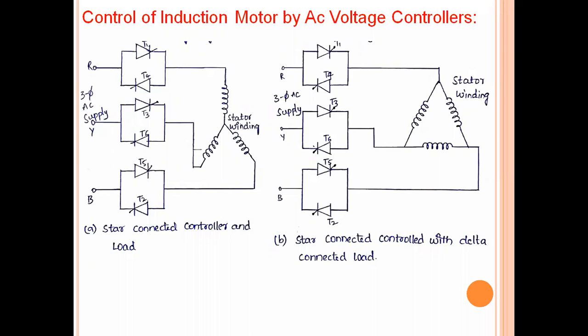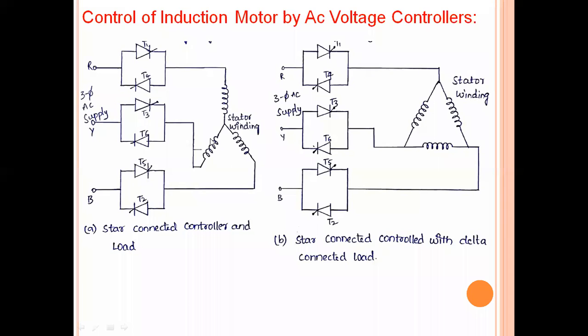Okay. Now you can see here I am going to show a few different circuits of induction motor with three-phase and single-phase circuits, with different possible combinations of AC voltage controllers. Let's see here, star-connected controller and load. This is a three-phase supply, which means we are using a three-phase induction motor.